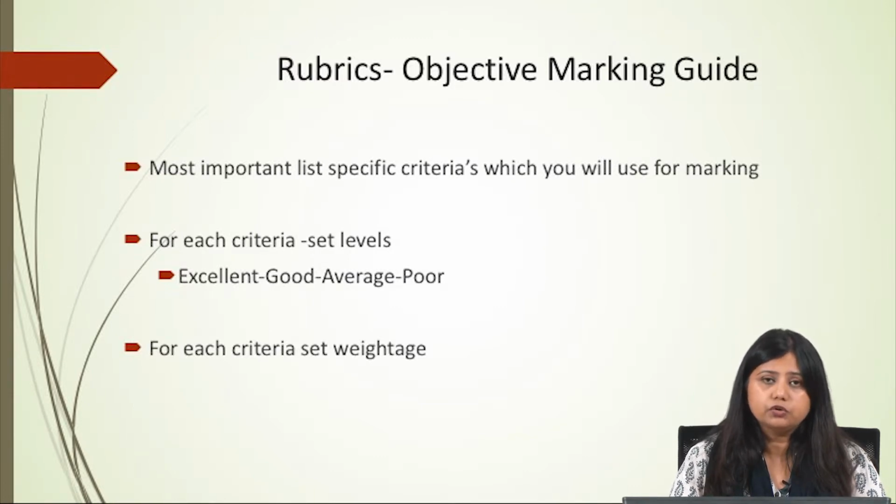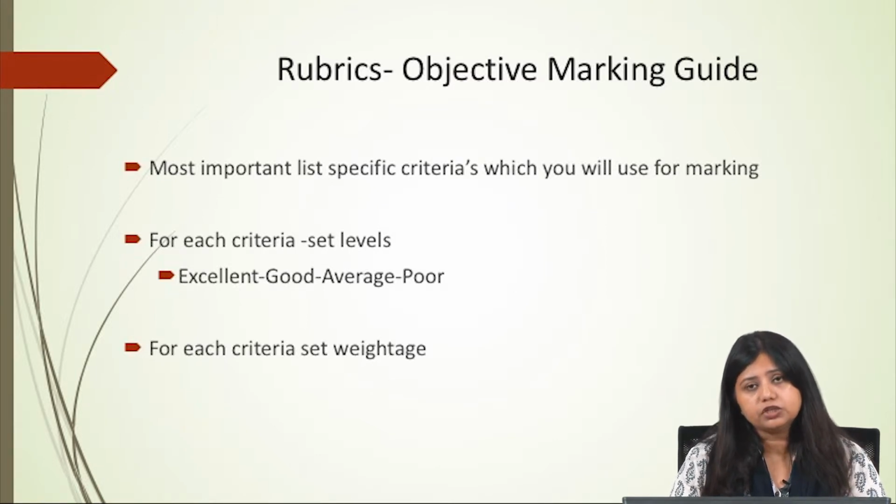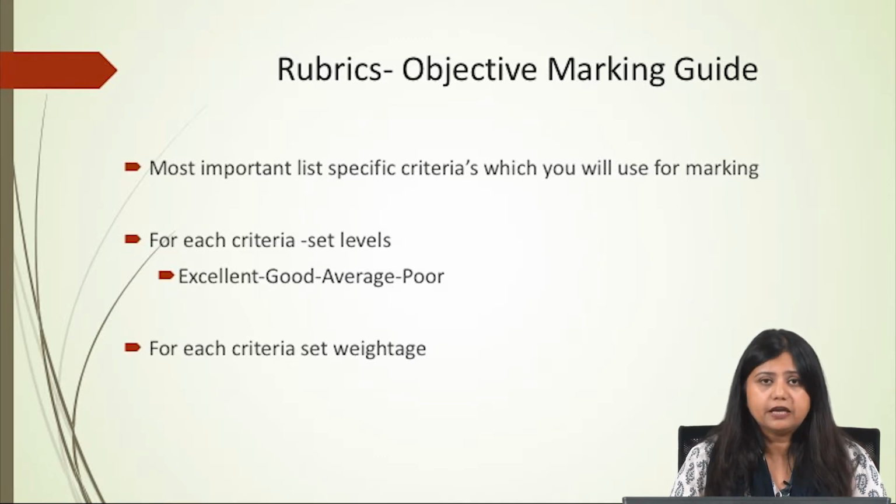It's totally up to you to decide what is more important. Are you going to give equal weightage to all criteria, or divide different criteria based on priority? The point here is, once again, let the students know what the weightage is for each of those criteria. So when they are preparing, they know that maximum marks go to the content or the research work, and the communication skill or the presentation slides have 10% or 5% weightage, whatever you choose to put.